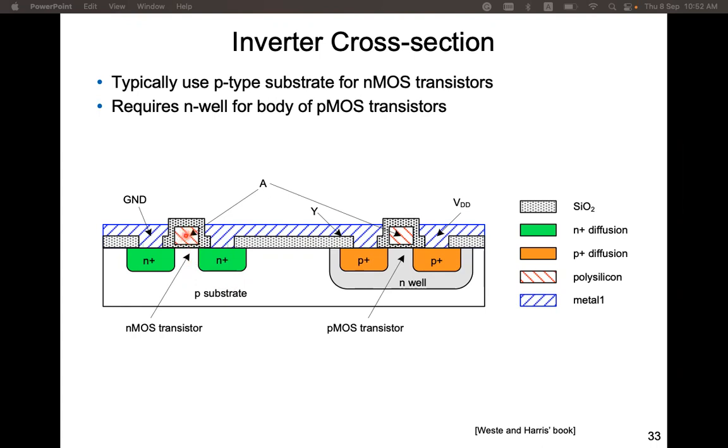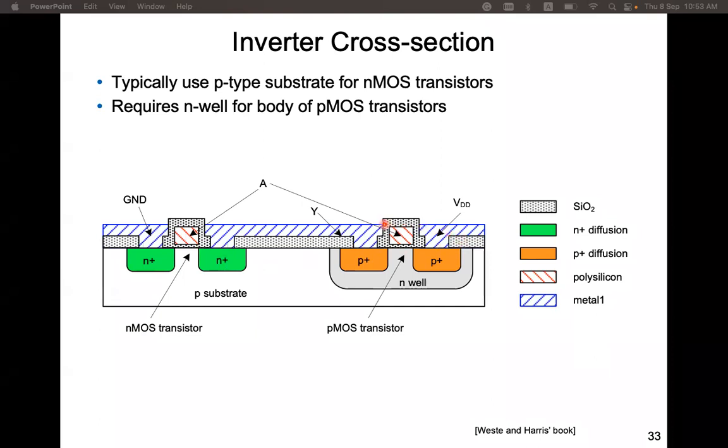We apply a high or low voltage to the gate to control whether or not current can flow through this channel region from one diffusion region to the other. For NMOS, we connect one diffusion region to the ground, and this is called the source terminal. The other is called the drain terminal.